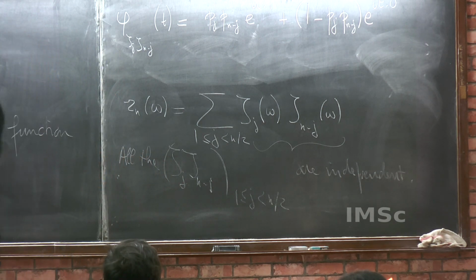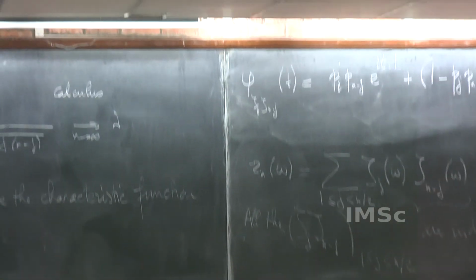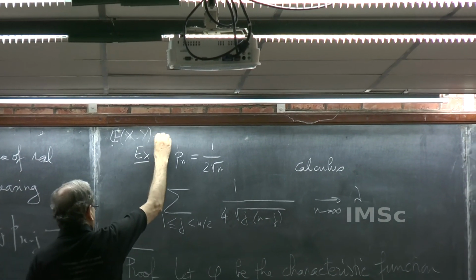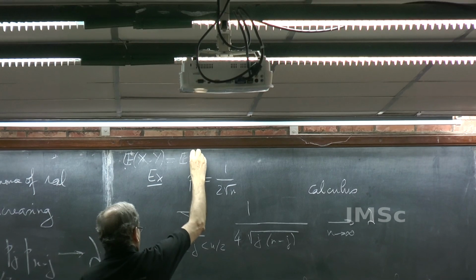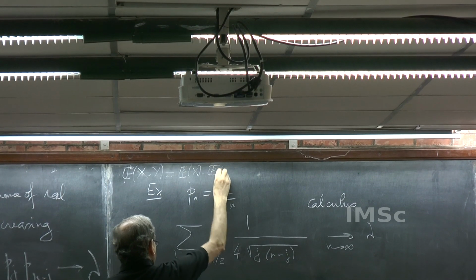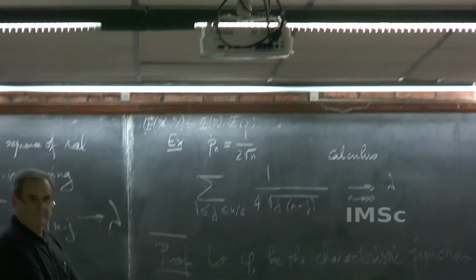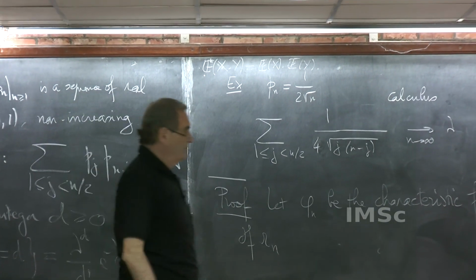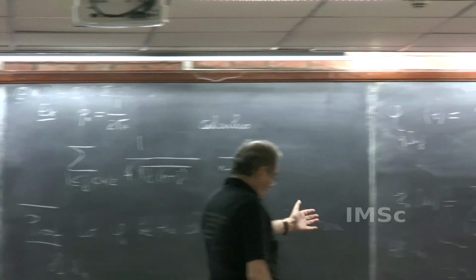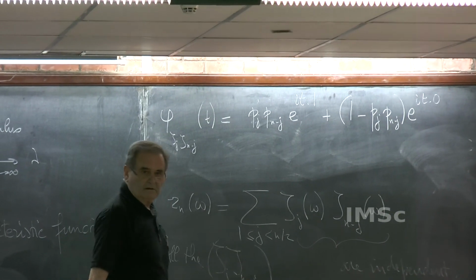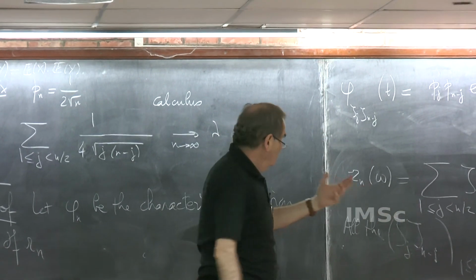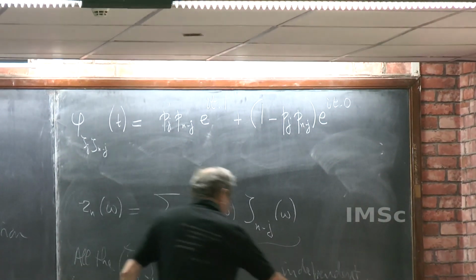We said this morning that if you have nice functions or any random variables, if x and y are independent, then the expectation of the product is the product of the expectations. And since the phi function, the Fourier transform, is just the expectation of the random variable e to the i x, then you now know what psi of n is.